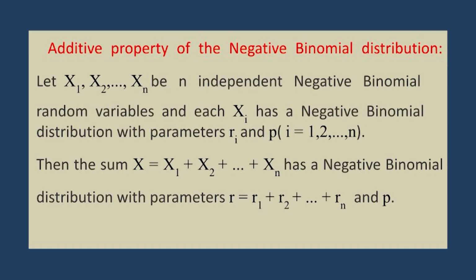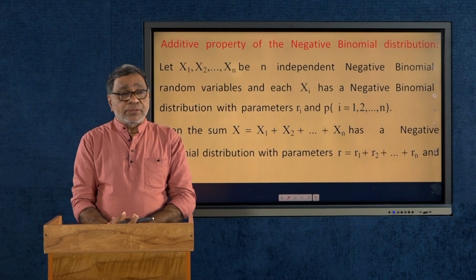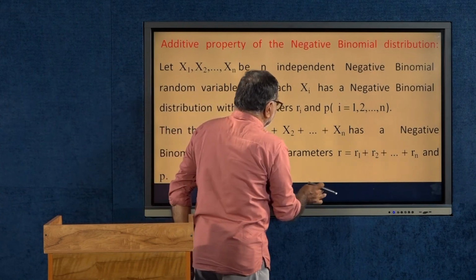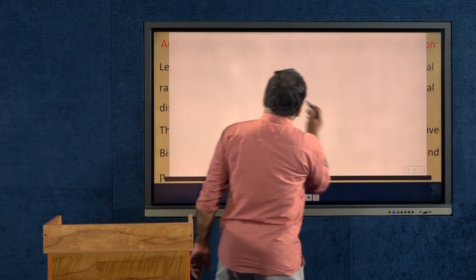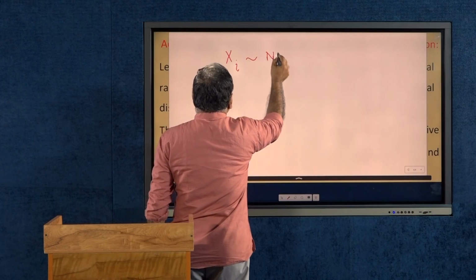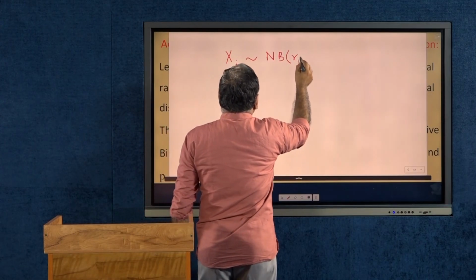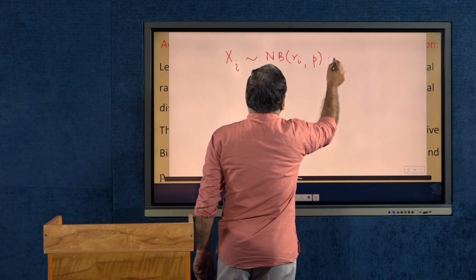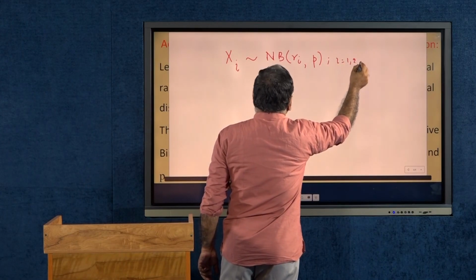Suppose we have n independent negative binomial random variables. Let x1, x2, etc. up to xn be n independent negative binomial random variables, and each xi has parameters ri and p, where i is equal to 1, 2, etc. up to n.